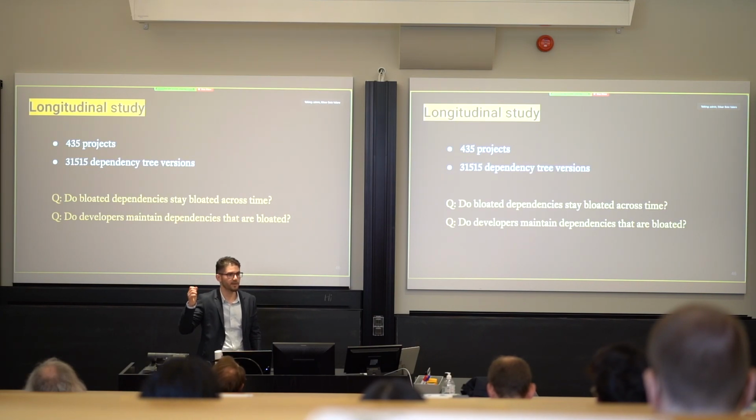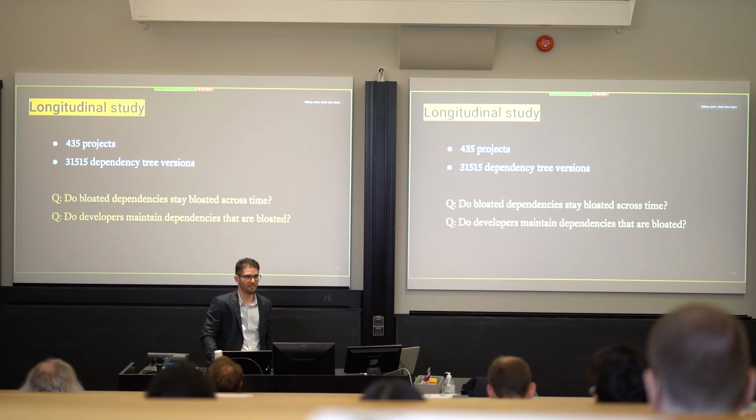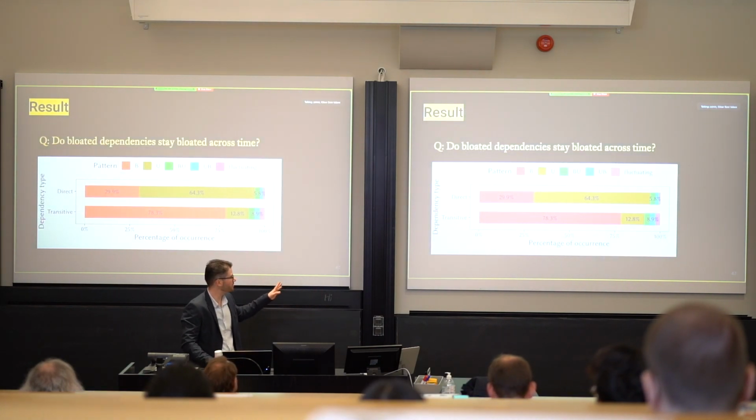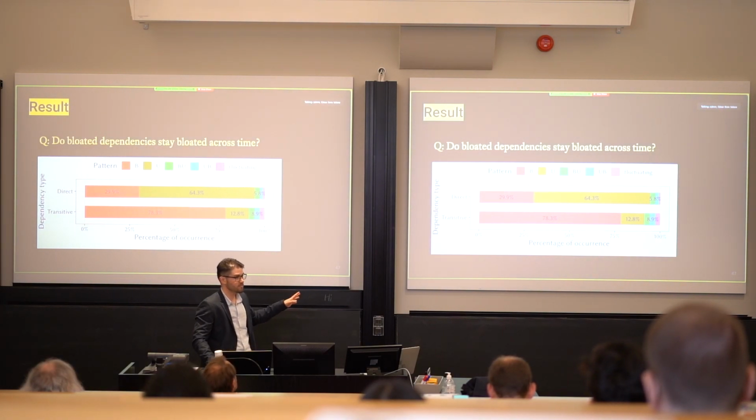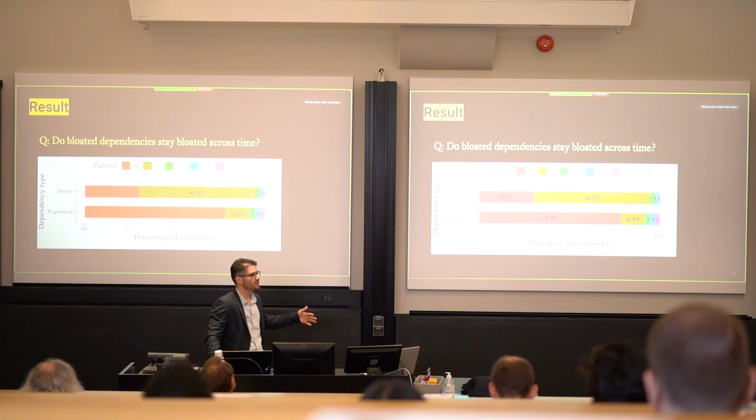So let's say that you have a dependency, but this dependency needs to be maintained. But since the dependency is bloated, it means that this maintenance is kind of a waste of human effort. So this is the result of the first question. In order to get the answer, we created patterns.